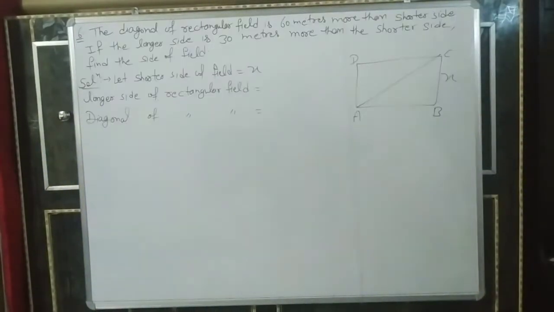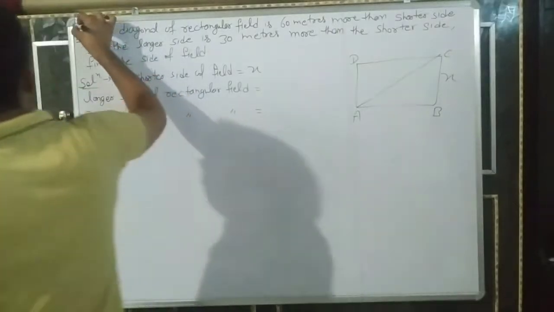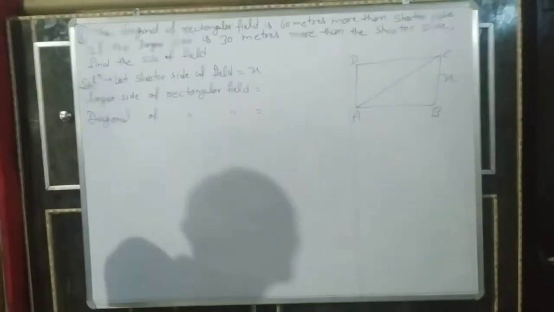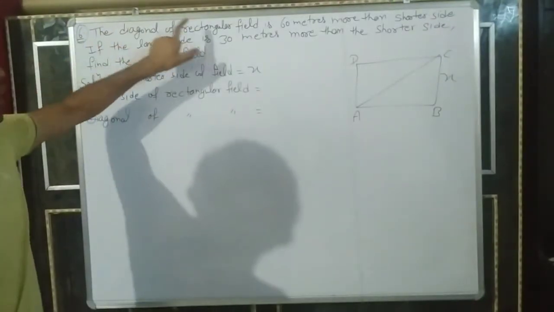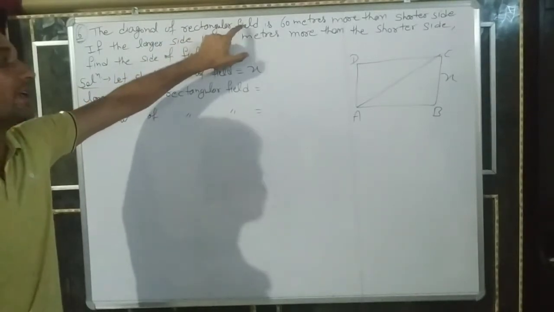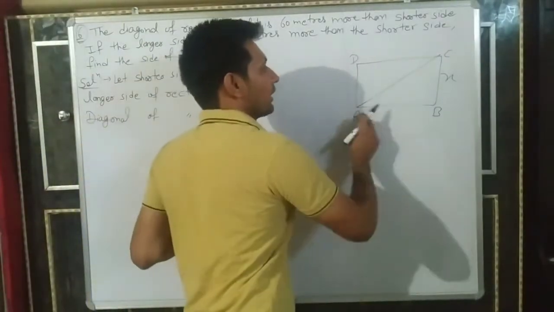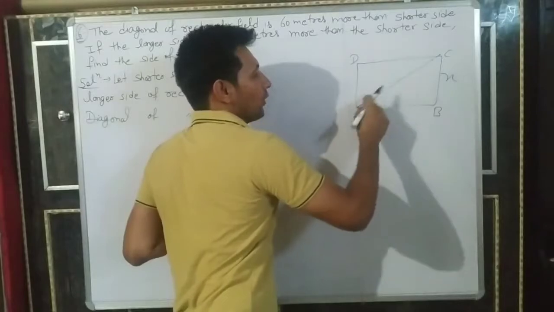Now we will do the next question, dear. Now, dear, the sixth question of exercise 4.3. What is given in the sixth question? The diagonal of a rectangular field. So first we will make a rectangle ABCD, and everyone knows it has diagonals.